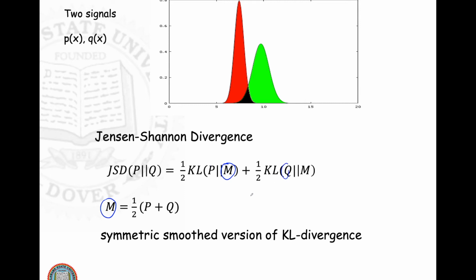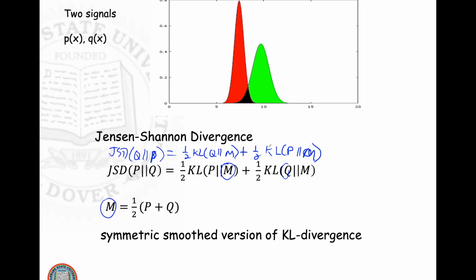So it is symmetric because if you said Jensen-Shannon divergence of Q with P, that's going to be 1/2 KL divergence of Q on the midpoint plus 1/2 KL divergence of P on the midpoint.